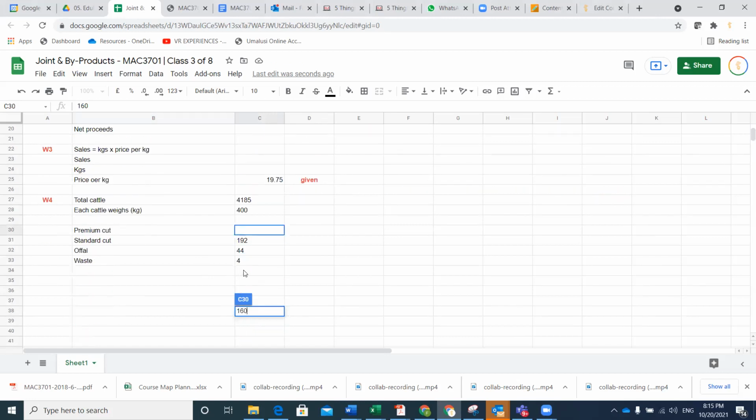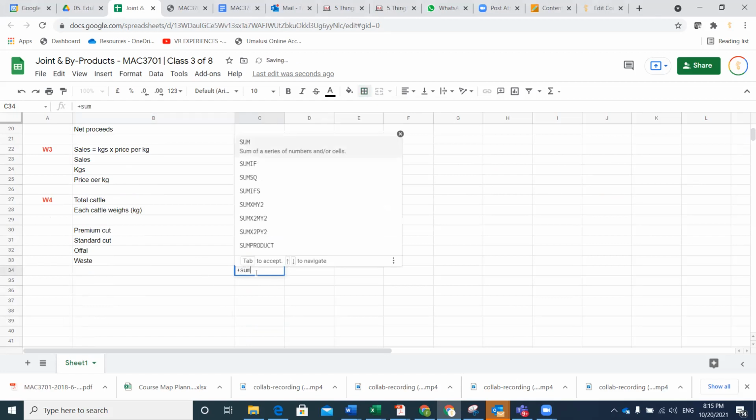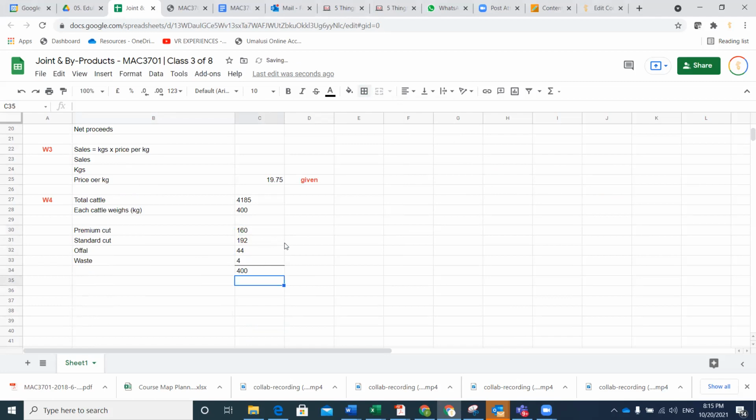So if we add up, what do we get? So this should be the 400. We just basically want to work out a percentage. Okay, so for each cattle, premium cut makes up 40%.